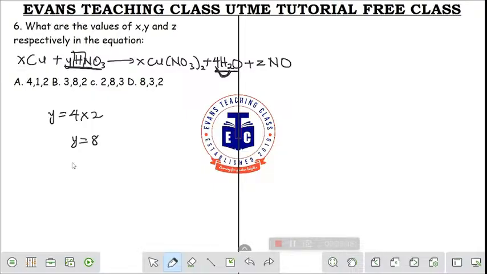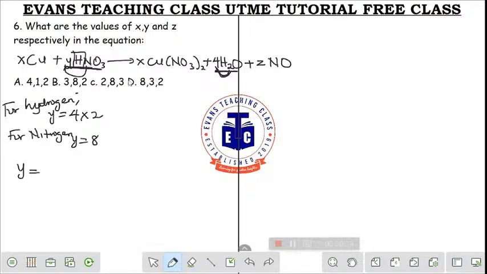I think I omitted something that I need to get. Okay, I don't omit anything, but let's look for the value. So this one is for hydrogen. The next one I want to do is for nitrogen. Now, how do we do that for nitrogen? If you look, nitrogen also owns this y. So we are now going to say y is equal to, look at nitrogen here. Nitrogen is also here too, right?